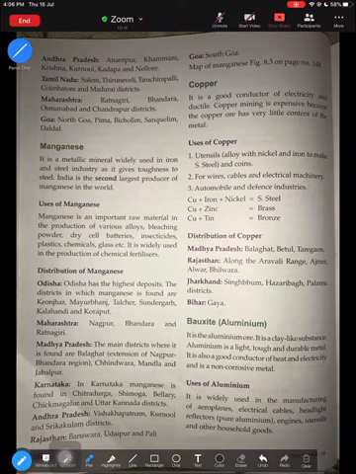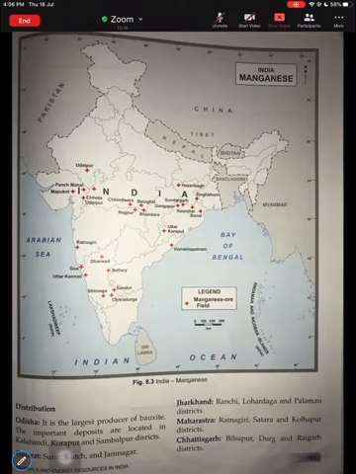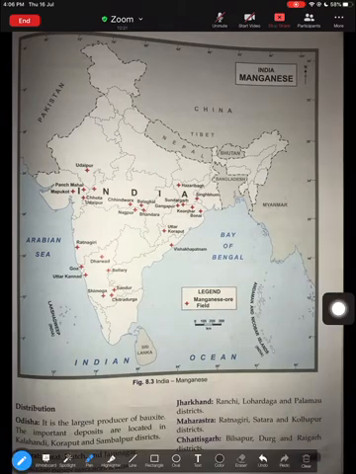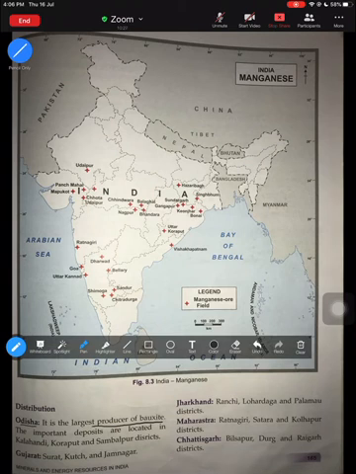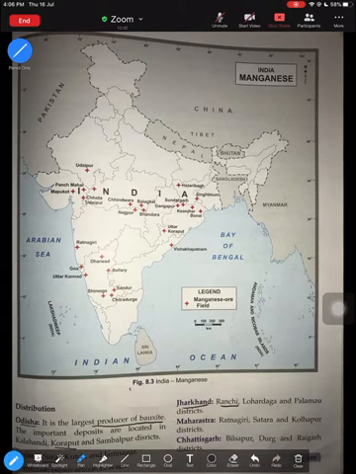Moving to the distribution, you have to know again, Odisha is the largest producer of bauxite or aluminium. Koraput, if you learned Koraput in the previous manganese section, you can learn the same district. Even in Gujarat you would find bauxite. Jharkhand is also one.